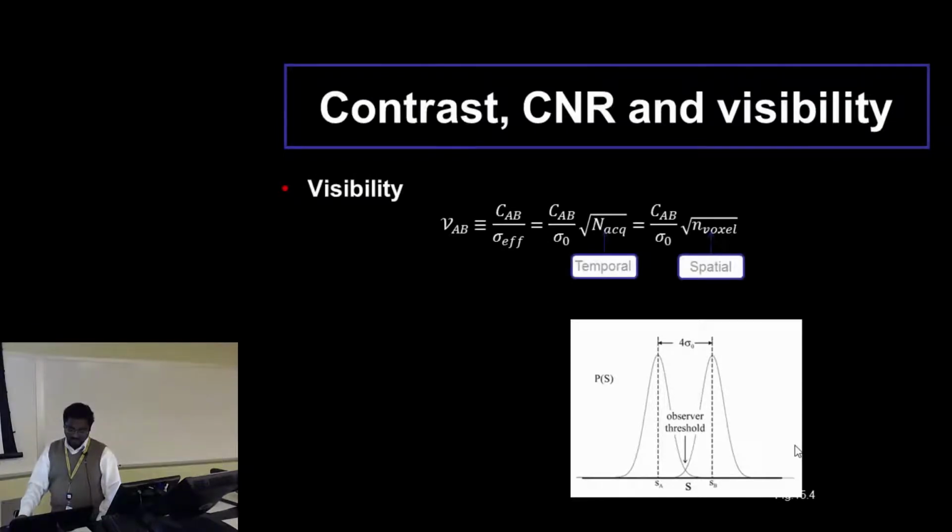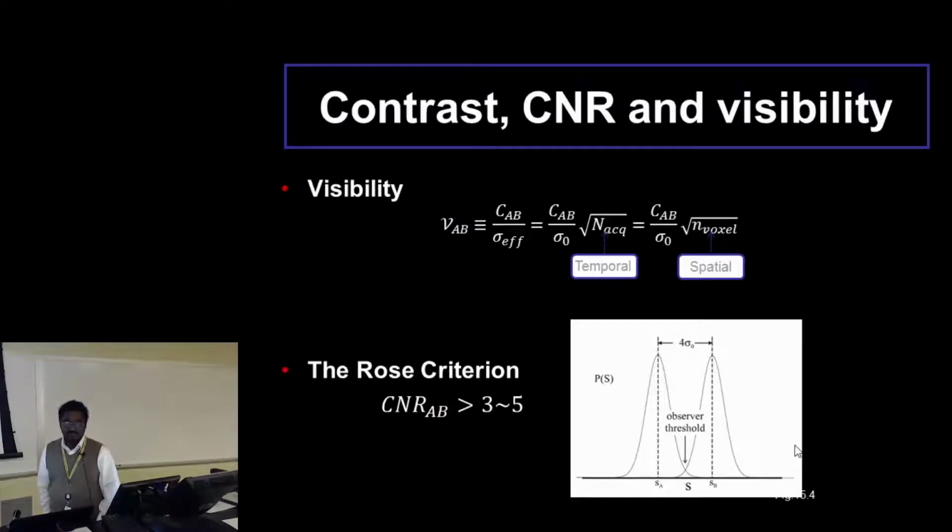And we looked at the visibility and the Rose criteria, where we said that if the object is occupying quite a few voxels, then your visibility more or less remains. Basically, if an object has more voxels, even if the signal difference is small, you will still be able to see it, because it's as if you're making that measurement in each voxel, n number of times.